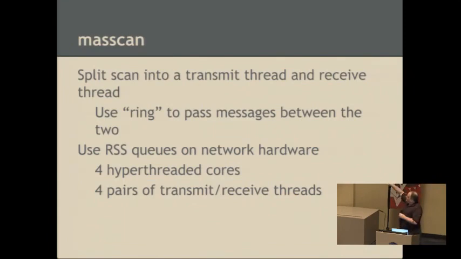I have 4 hyper-threaded cores, so that means 8 threads. So I have 4 transmit threads and 4 receive threads, paired together, and each pair is connected via a ring buffer. Then I don't really have any synchronization issues. They're 4 essentially independent threads that see in their virtual world that they own the adapter, and it's hashing the incoming responses so it can link up properly with the transmits and receives. And it all works.